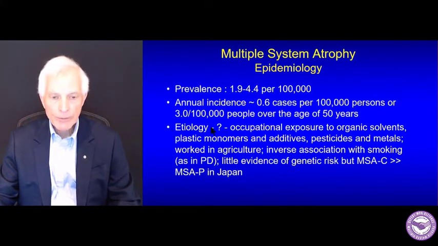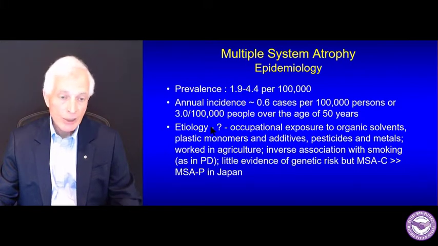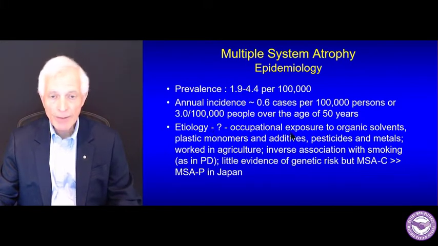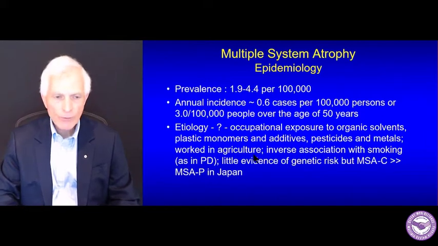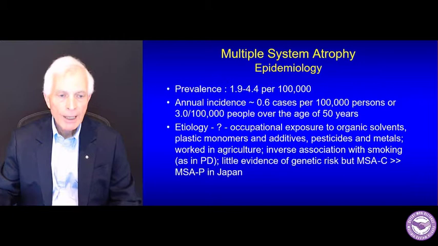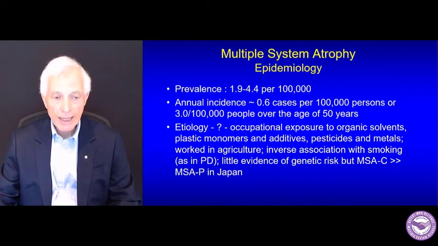There have been a number of studies to suggest that exposures to certain things in the environment, like solvents, pesticides, additives, metals, agricultural work, might all be associated, but there's very little strong supportive evidence for these relationships. Parkinson's disease is less common in smokers, and so this inverse association has also been described with multiple system atrophy, but it's probably not as strong.